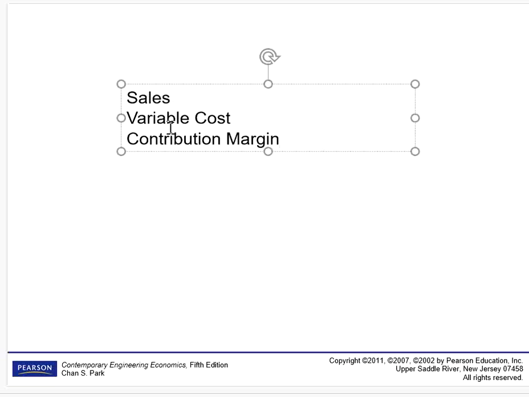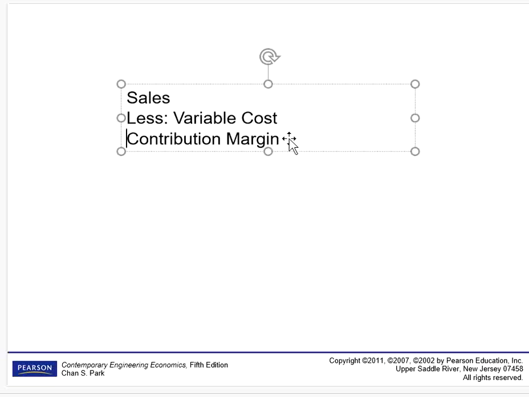Sales minus variable cost equal to, right? So if you want, I can show you here. Sales, less variable cost, equal to contribution margin. This is how we prepare. You can put any numbers here. Sales minus variable.